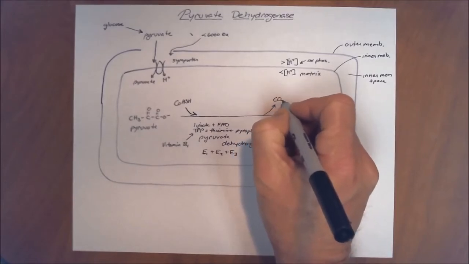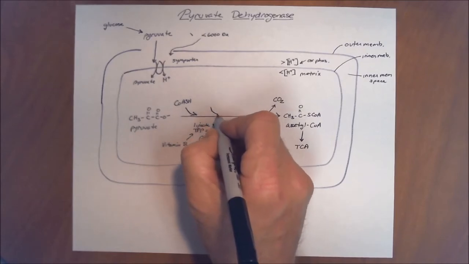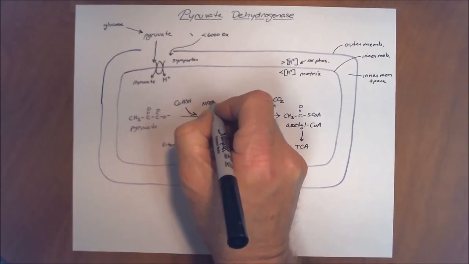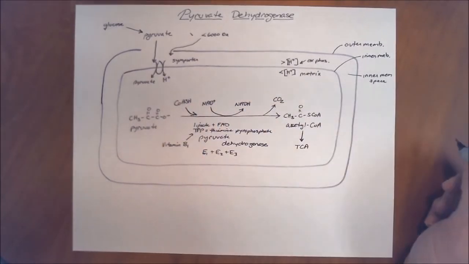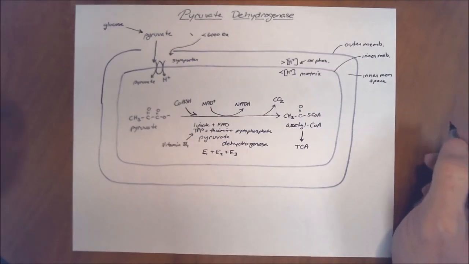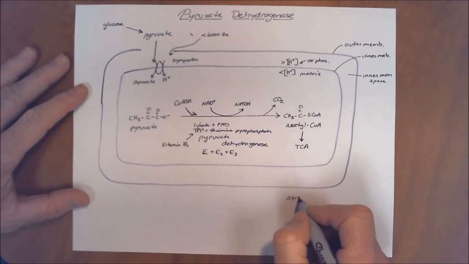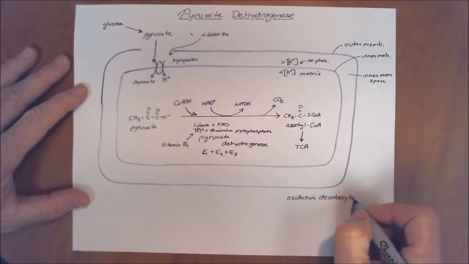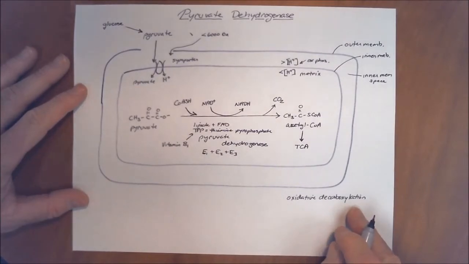So this is going to be also releasing CO2. And finally, this complex reaction is a redox reaction. So we will be converting NAD into NADH and harvesting some electrons during this process. Now this whole process is an oxidative decarboxylation. We'll see two more of these reactions in the TCA cycle.